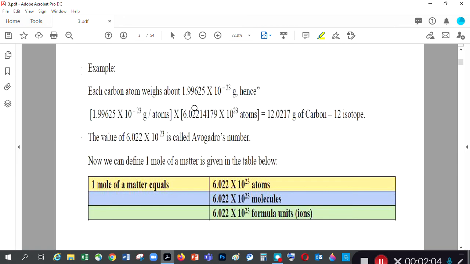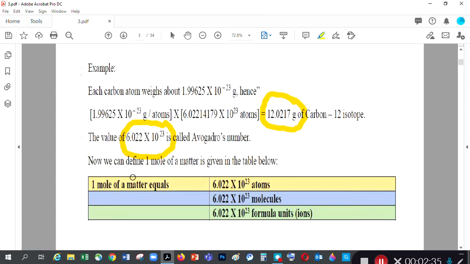You multiply it by Avogadro's number, and you get 12.0217 grams, which is the atomic mass of isotope carbon-12. And Avogadro's number is 6.022 times 10 to the power 23.